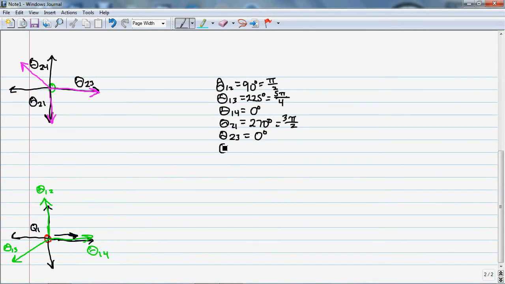And theta 2, 4, well, that's 90, or I should say 180 minus 45. So that's going to be equal to 135 degrees, and that's just going to be equal to 3 pi over 4. So there's my angles for charge 2.